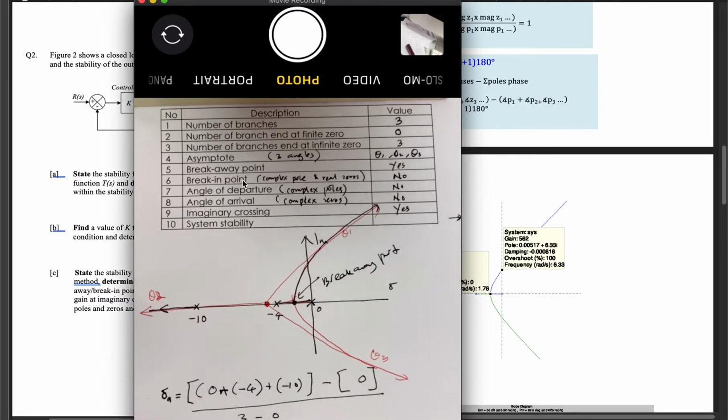And then, okay, break-in point. Okay, how to calculate the break-in point is that we have to use the formula.